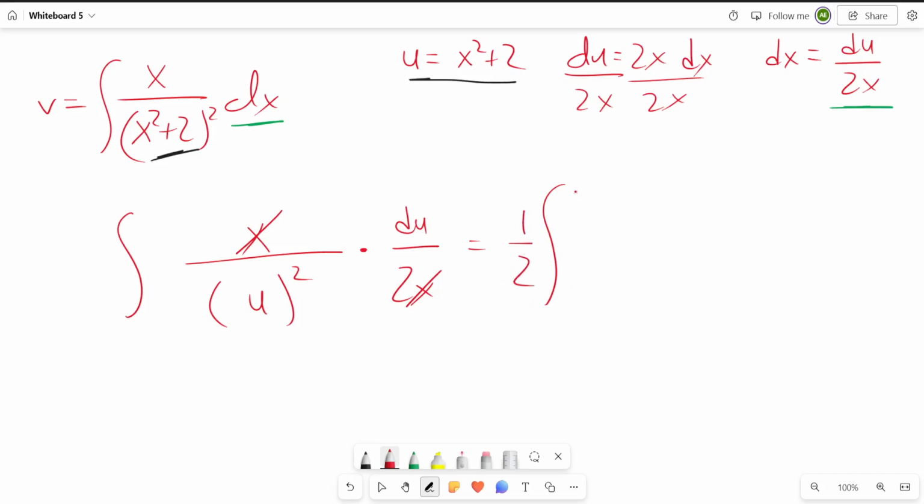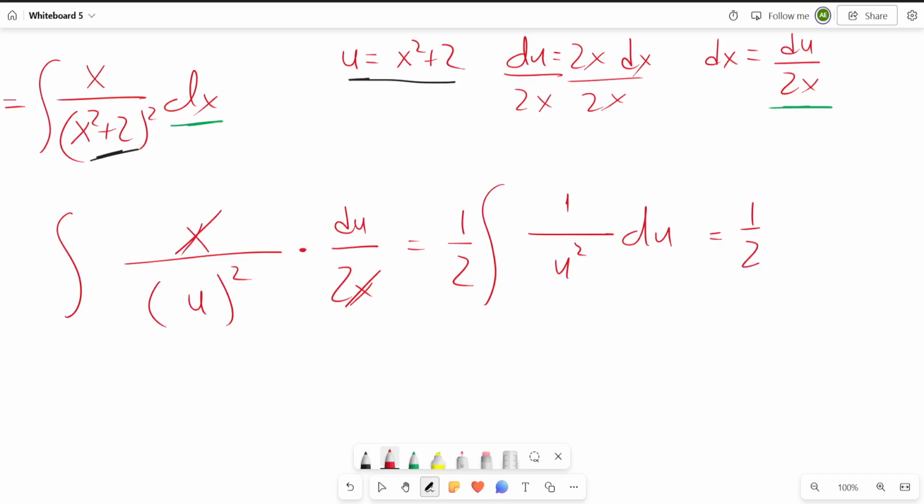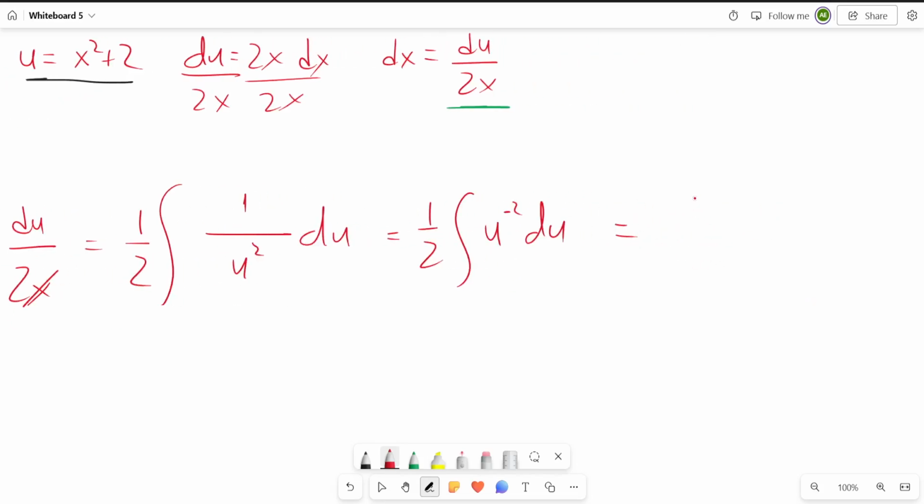So it's going to be 1 over 2 integration of 1 over u squared du. And this is super simple. I can rewrite it as the integration of u to the power negative 2 du, and I can use the power rule. I'm going to have a half, add 1 to the power, negative 2 plus 1 is negative 1, and then divide by the new power. Dividing by negative 1 is basically simply this. So my answer is negative half u to the power negative 1.